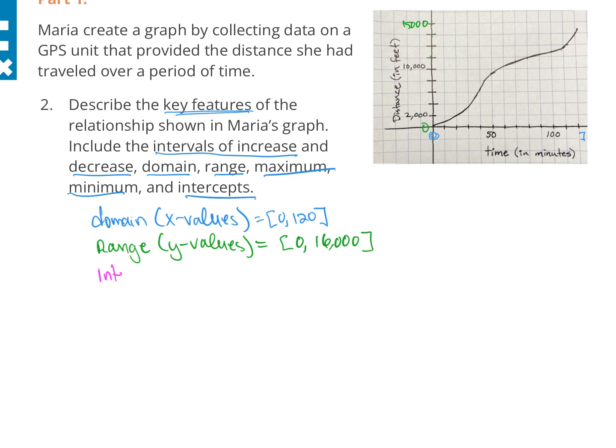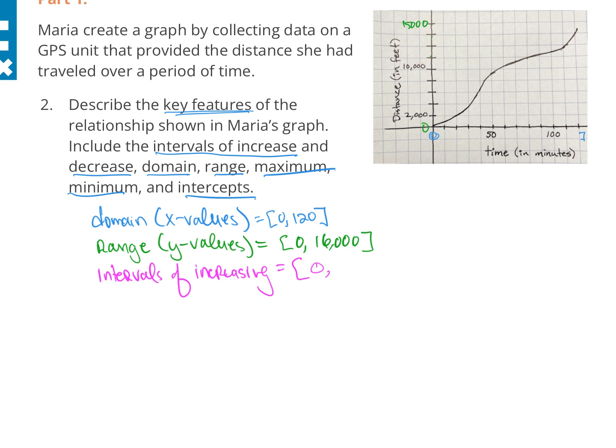All right, next we want to talk about the intervals of increasing. Again, we're looking at the Y values as far as where it is. And so, let's put down the time frame as far as where it's increasing.